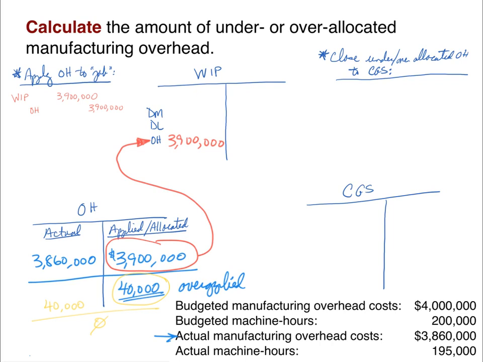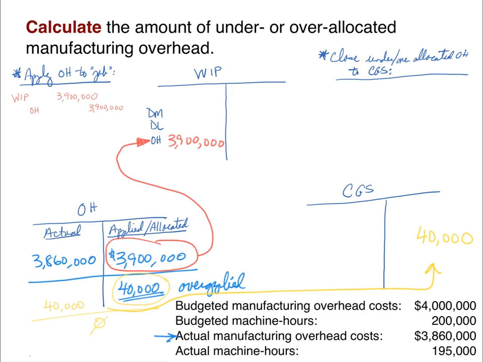So if we are debiting overhead for $40,000, then we will credit cost of goods sold for $40,000, thereby reducing our cost, because recall, we were over-applied. We over-applied our cost to the job. So when we fix that problem, cost of goods sold should go down, thereby making net income go up.